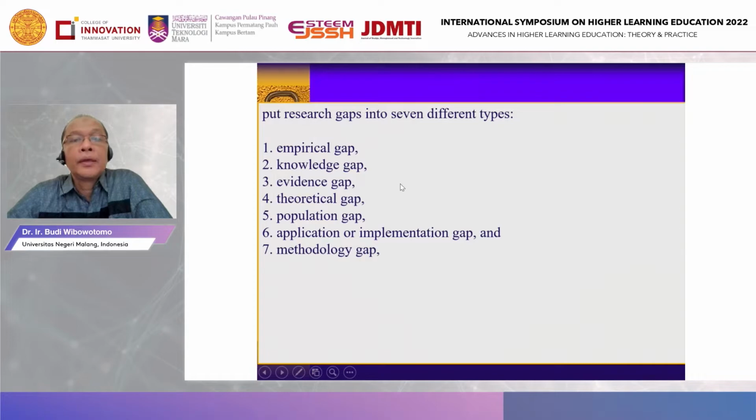If some authors reveal the phenomena of earthquake in some area, some location, and then some other authors also reveal different phenomena of earthquake. So this looks like an evidence gap.